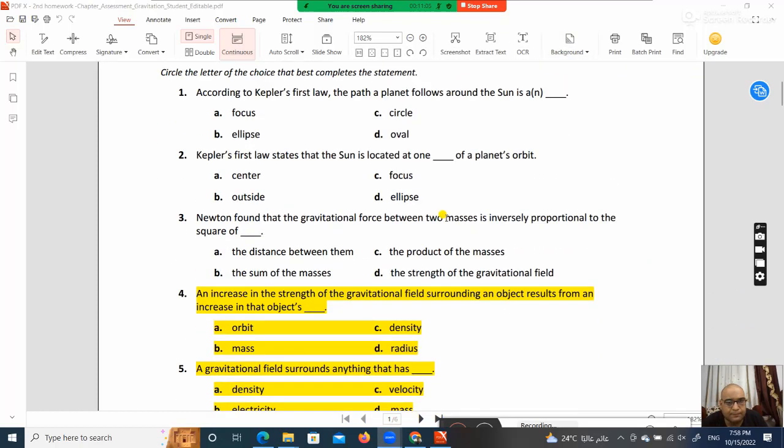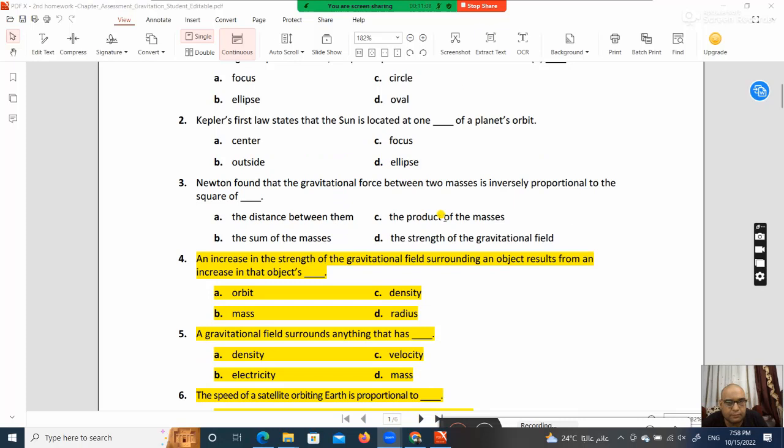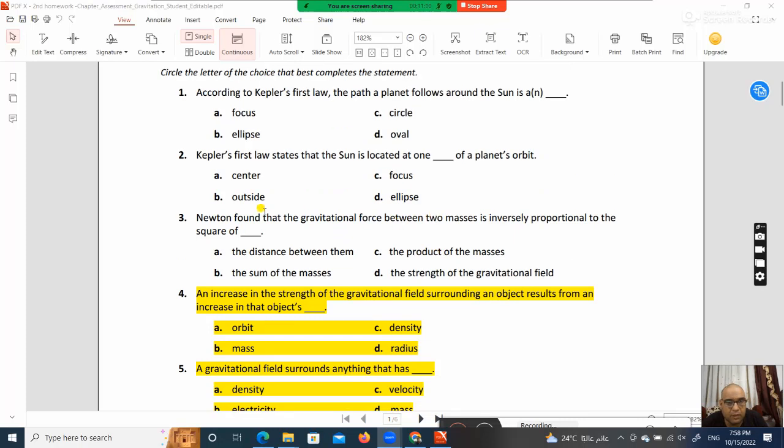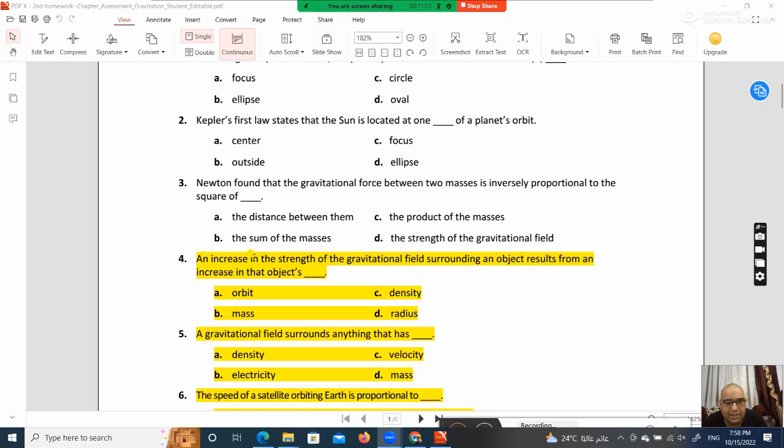Next question. Number 4. Increase in the strength of the gravitational field surrounding an object results from an increase in mass. As the mass increases, the gravitational force of gravity also increases.